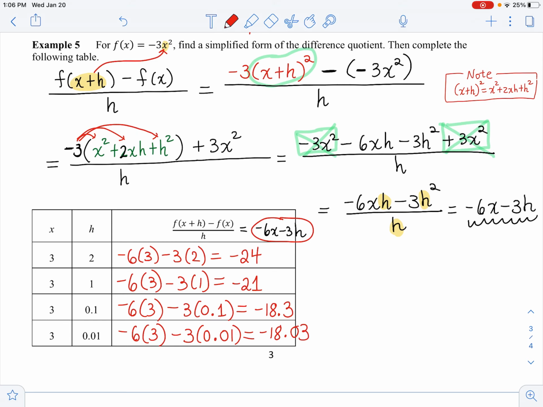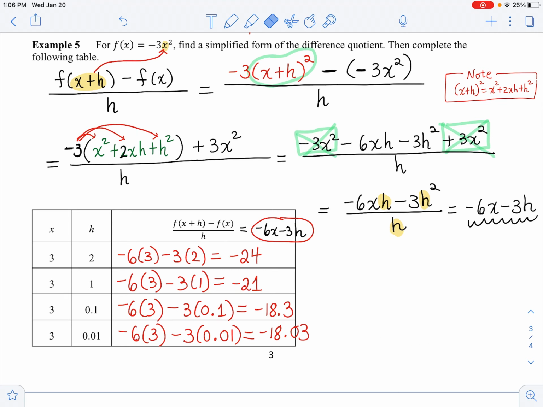I can see that the limit as h approaches 0 of this difference quotient, negative 6 times 3 minus 3h, I think is approaching negative 18, I think.